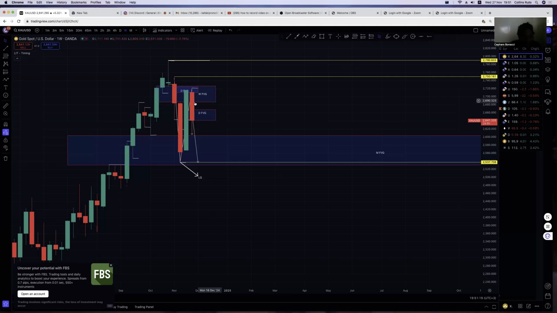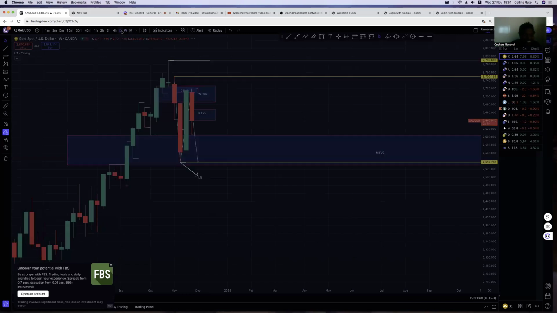But again, go to the daily and weekly time frame to check if you are at a weekly support and resistance point. Then go to the daily to check for your daily supply and demand zones. This is tricky.